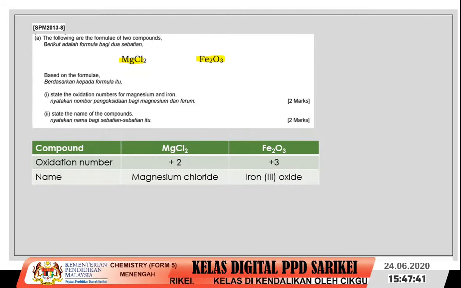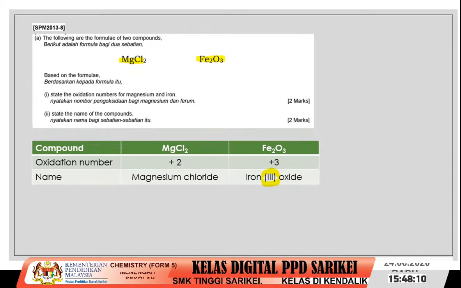You may ask why we need to include a Roman number in brackets for iron(III) oxide but not in magnesium chloride. If you still remember the transition elements that you learned in chapter 4, transition elements can exhibit or show different oxidation numbers.